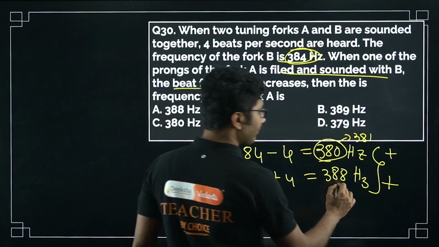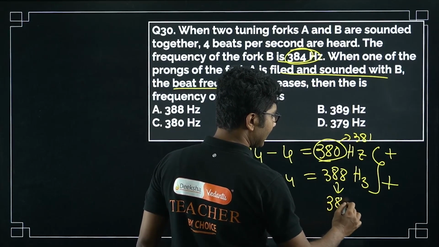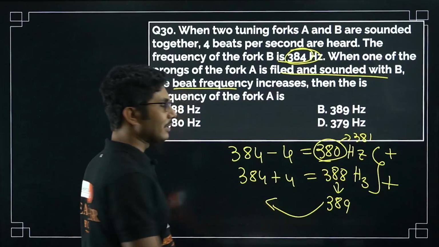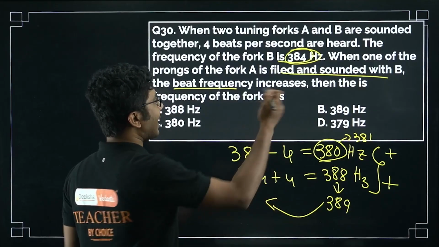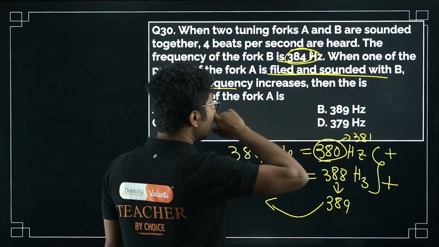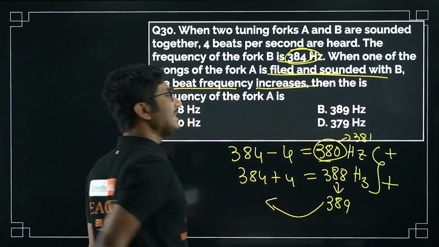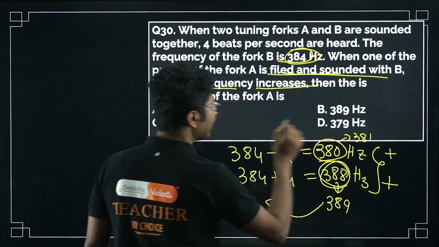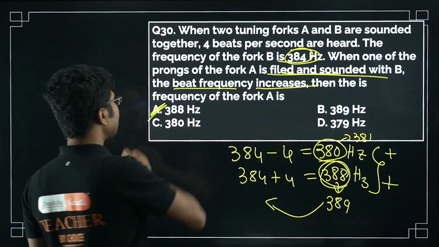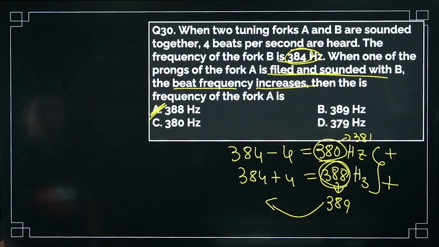But if 388 increases, it will become 389. So in that case the beat frequency is now 5. In the question, as you fill it, the beat frequency increases. So the correct answer will be 388 Hz. Okay, so 388 Hz is the answer for this question.